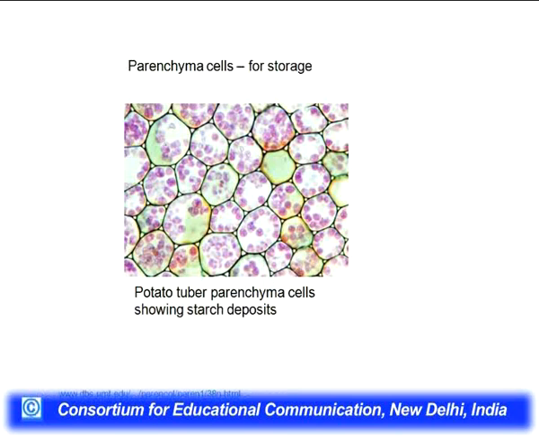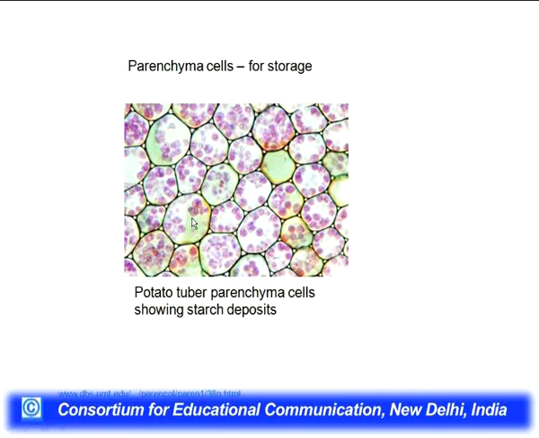Parenchyma for support. This is a tuber of a plant, potato. If you make a cross section of this potato tuber, you will find these parenchymatous cells which just gather together to form a tissue which is quite strong.